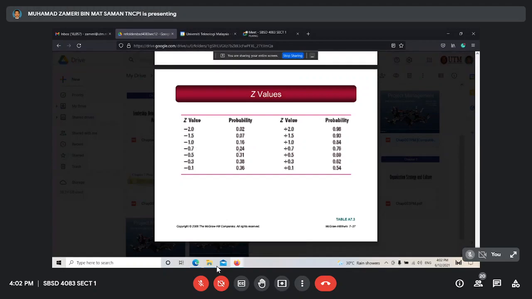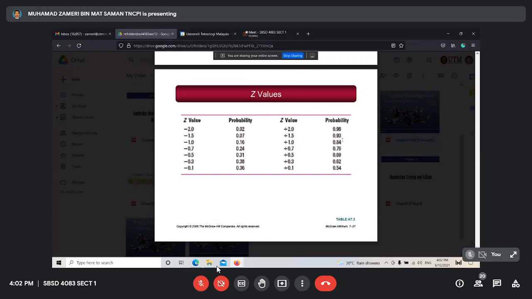So here 0.15. That means the chance the project can be completed in 67 days is about 4%. Or maybe you get 1.5 plus. So for 1.5, the chance of it completing in 67 days is 93%.